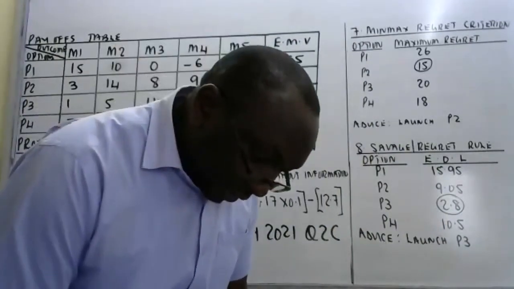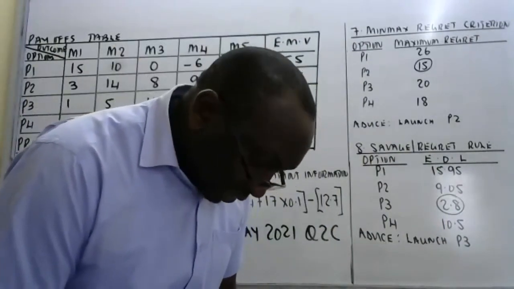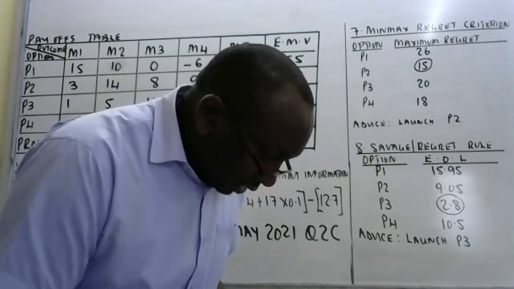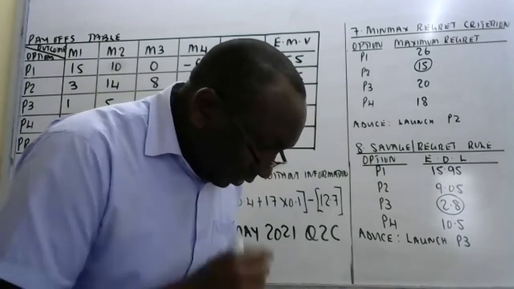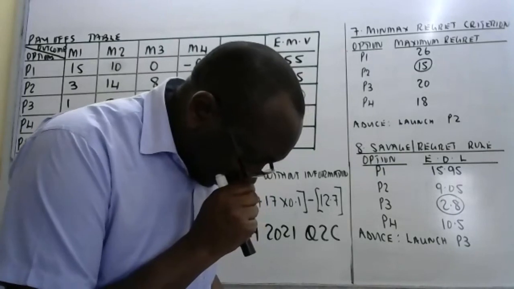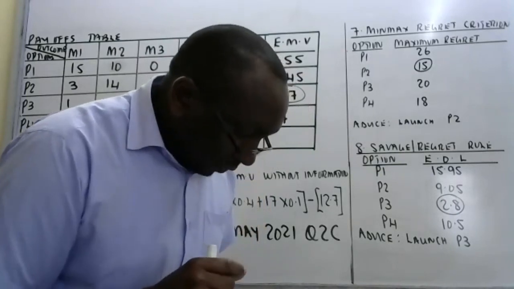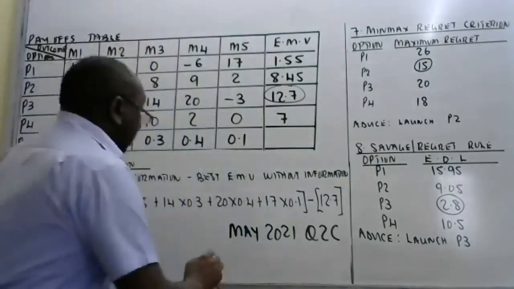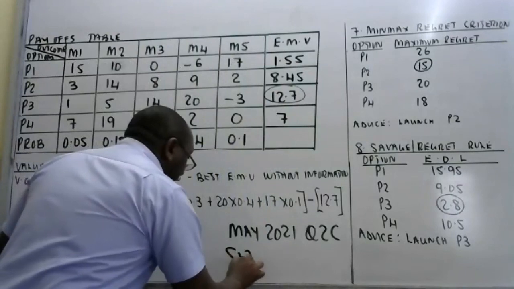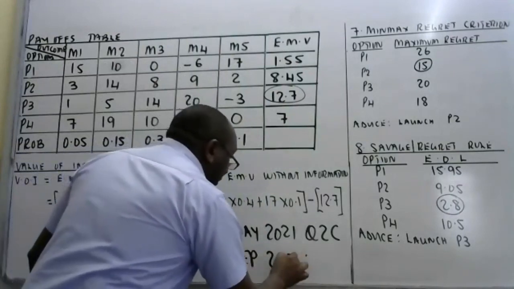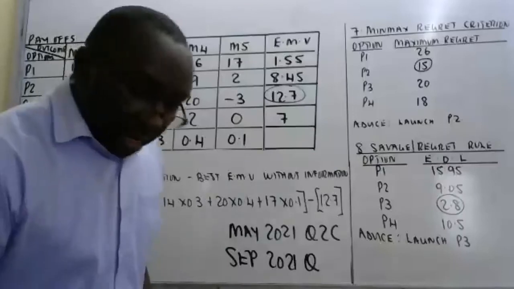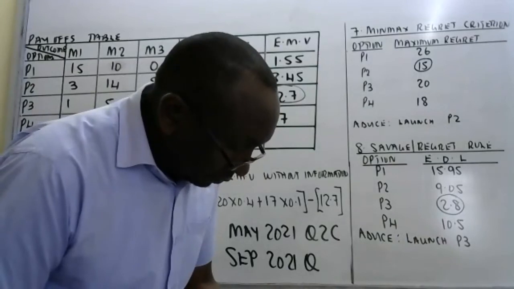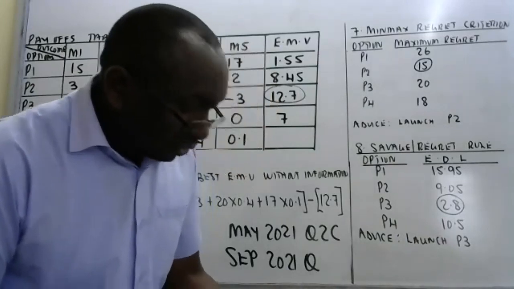I'm looking for another one. There is another one I know that you would like to attempt. September 2021. I think you can also check September 2021, Question 4C.